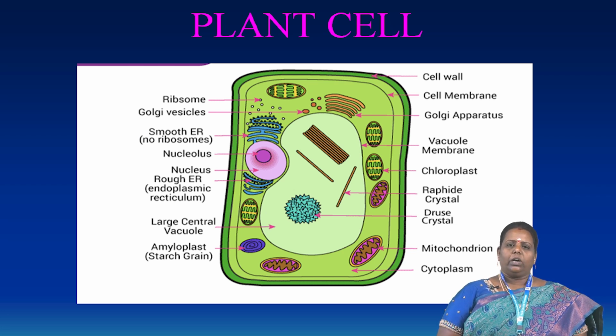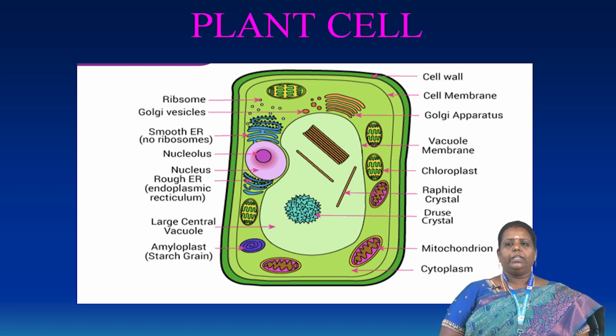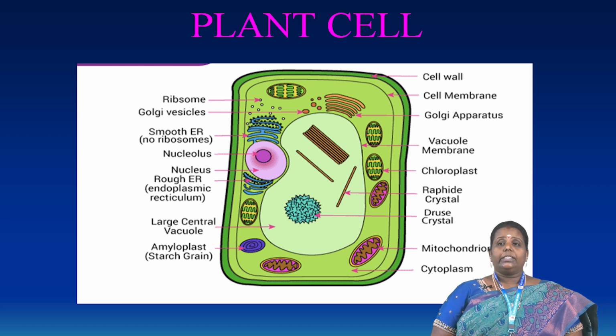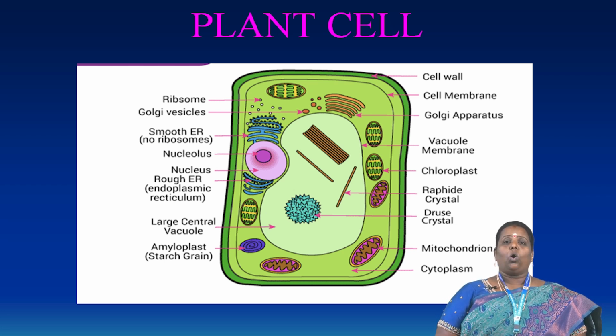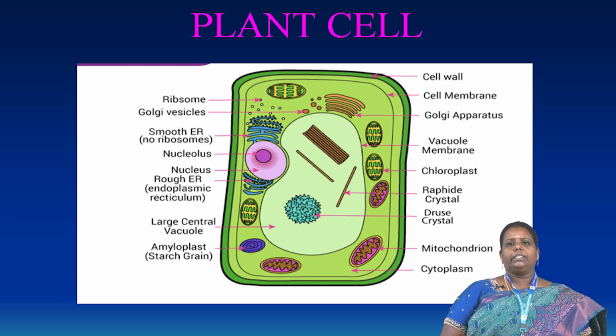Then the nucleus and nucleolus occur, and vacuoles, a central cavity. Plant cells also have a unique organelle, the chloroplast, which is crucial to the cell's role.